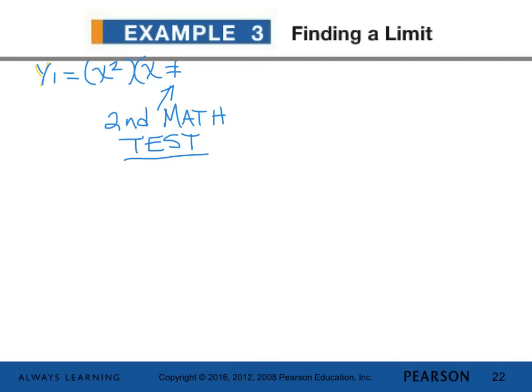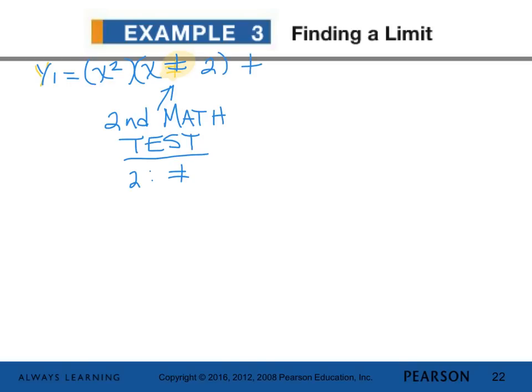And that is not equal to is option number 2. So if you hit second math, which takes you to the test menu, and then just press number 2, it will put in your not equal to sign here. And then, of course, your value is going to be 2.